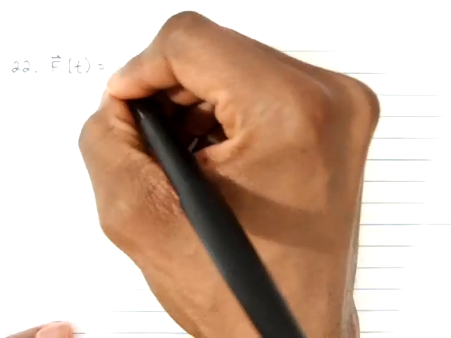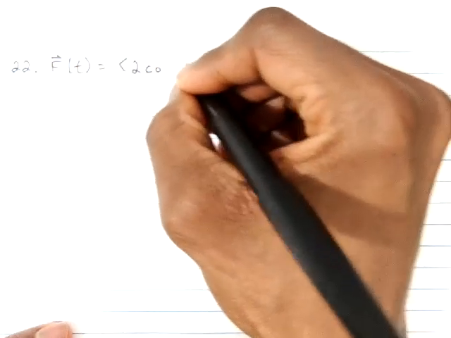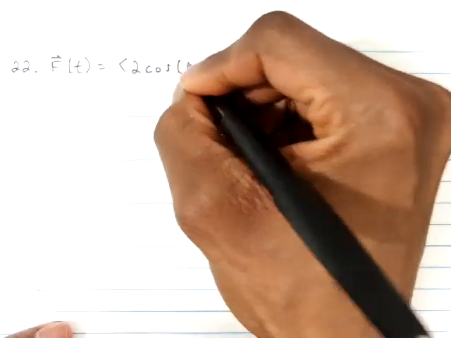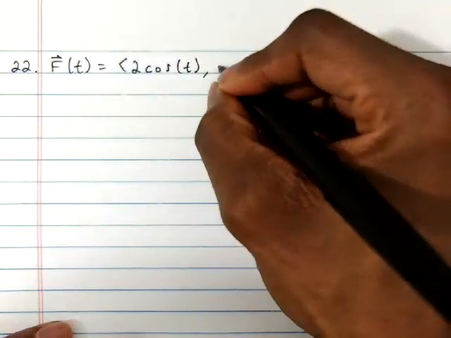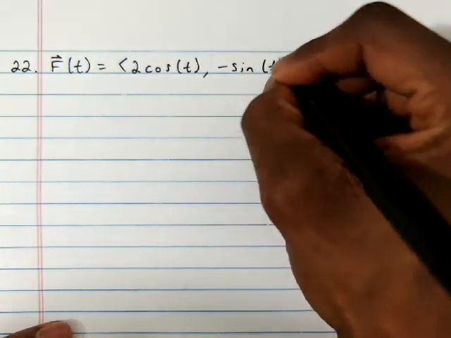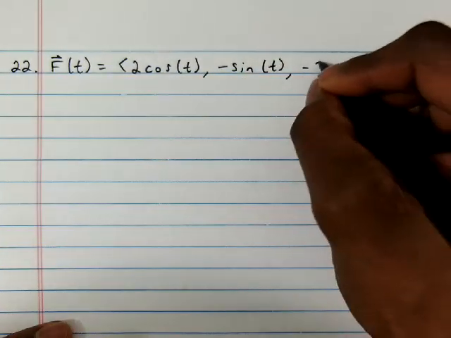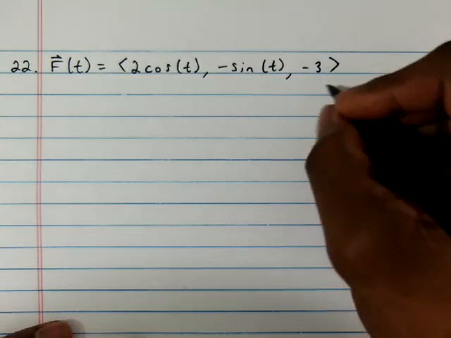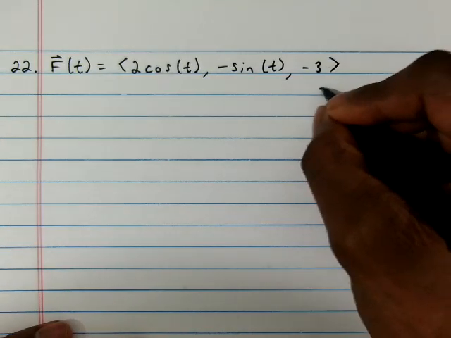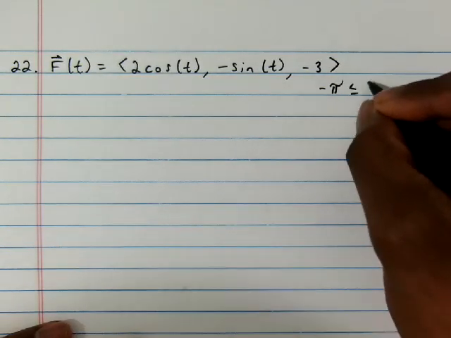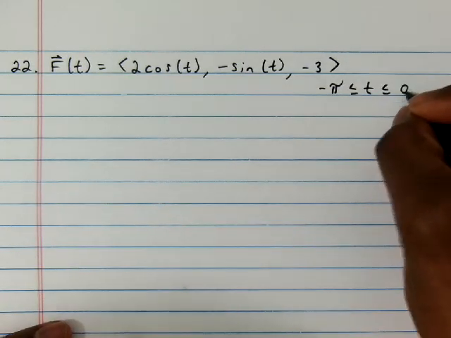Here our f of t is equal to 2 cosine t, comma, negative sine t, comma, negative 3. And t varies between negative pi and 0.